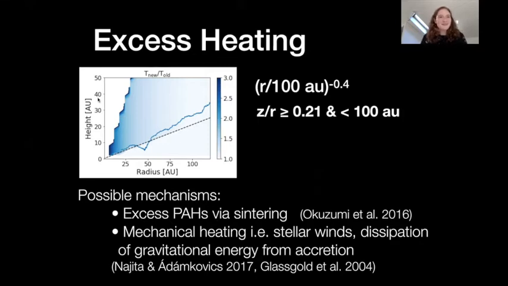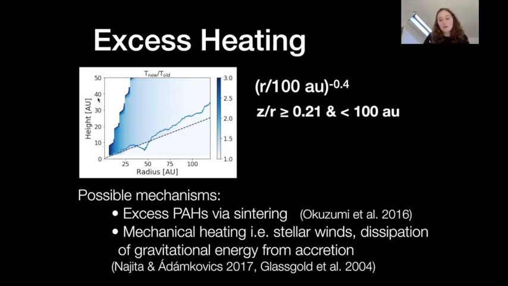We ended up heating the surface above z/r of 0.21, which corresponds roughly with the 12CO surface within 100 AU, and we increased the temperature following an inverse power law. We played around with some of these factors, the height at which we wanted to add the heating and the factor and the amount of excess heating we wanted to do, but we found this equation worked best.